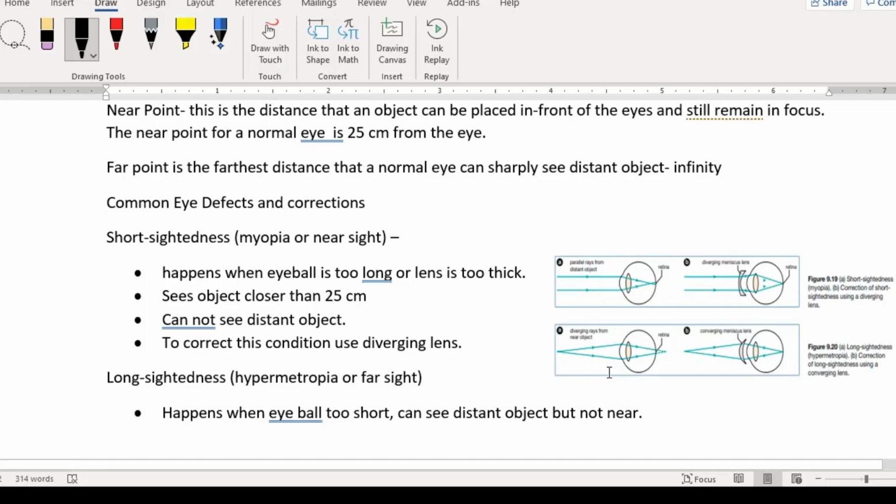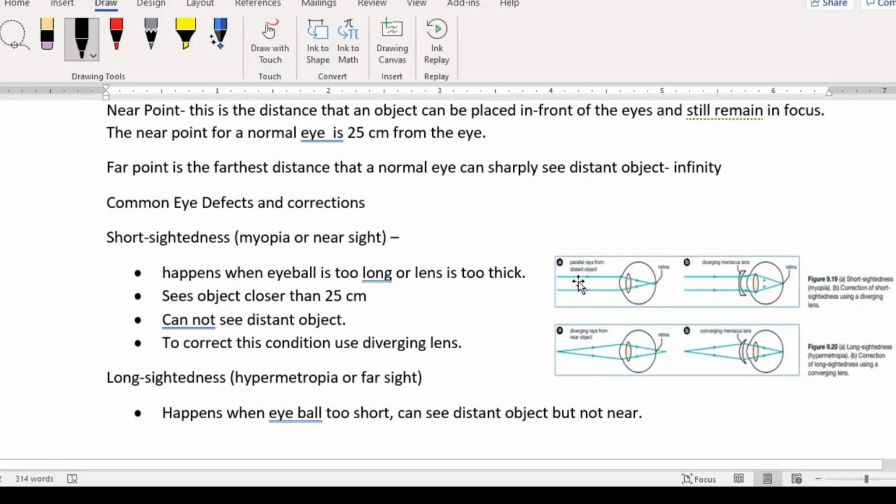To correct this situation, we have to use diverging lenses. All right, so this is what the setup would look like. This is what the person without the lens is seeing. When they're looking at distant objects, because the lens is too thick, the light rays are converging before they hit the retina.